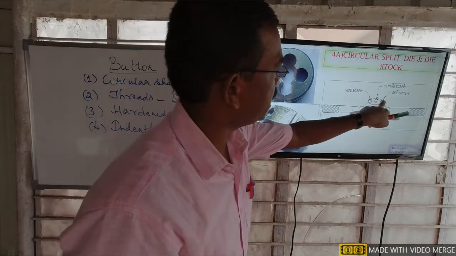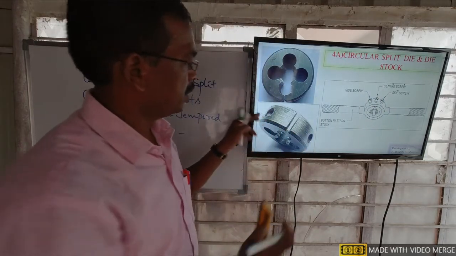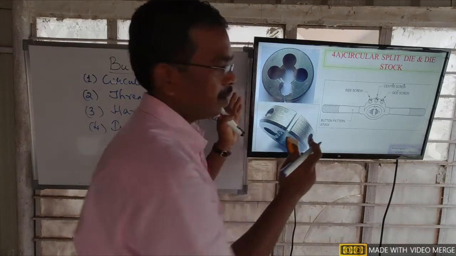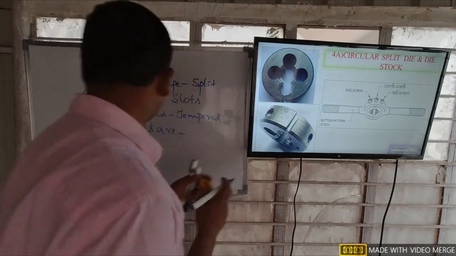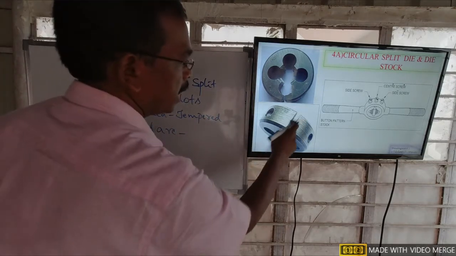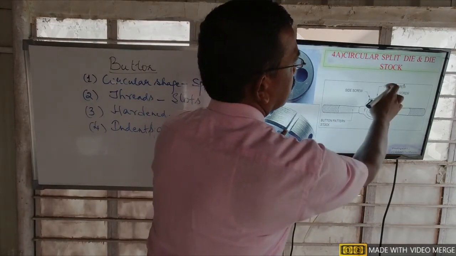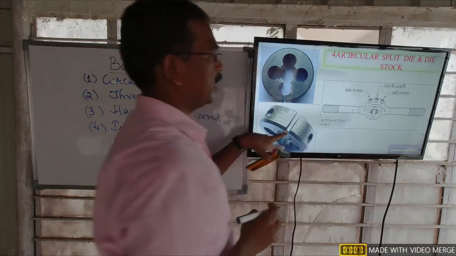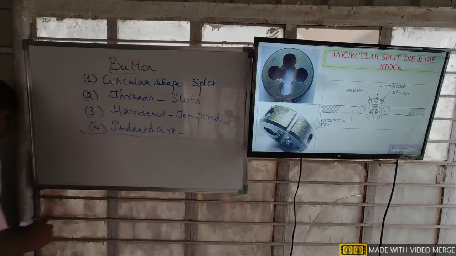These two side screws are there at the stack. By using these side screws, we can decrease the size of this die while doing the dyeing operation. Okay, and then at this slot we can fix the center screw while we are using the die stack. Okay, so these are all about our die.